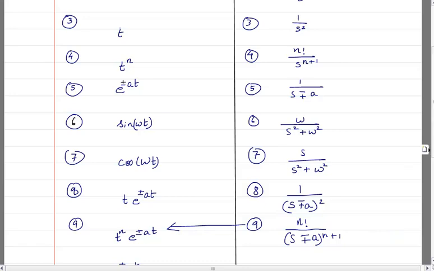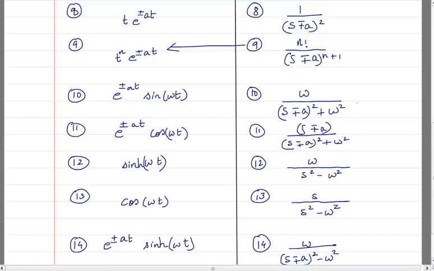Now what is remaining is these two forms, where you see that in the denominator you have something like s minus 2 the whole, or s plus 2 the whole square plus 3. Or here it will be something like s plus 3 divided by s plus 3 square plus 2 square.